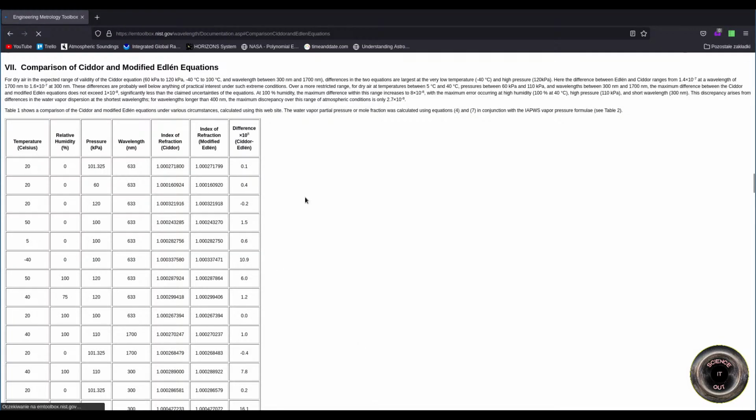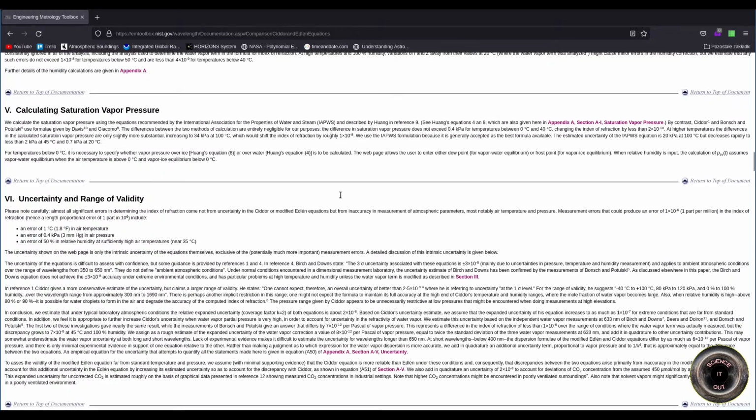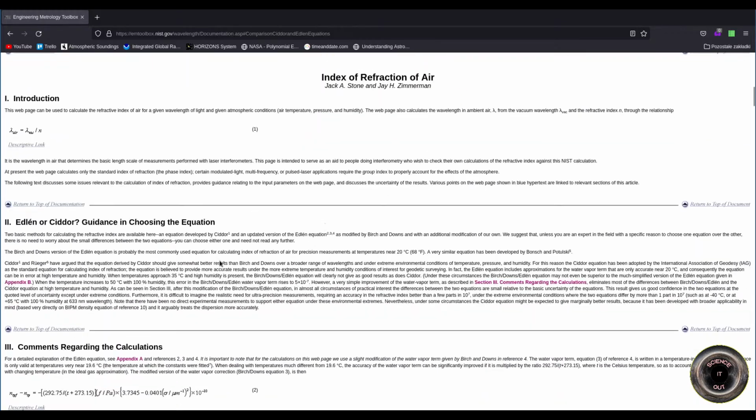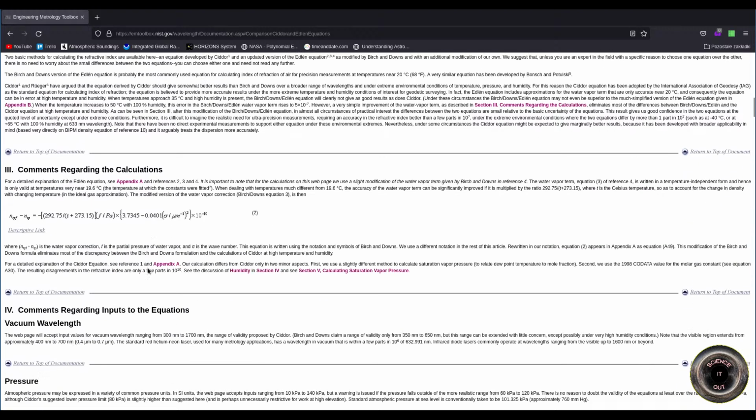There is a nice website which shows two equations that can be used to do that. One is called the modified Edlen equation, and one is called Sidor equation. I actually chose the modified Edlen equation for my simulator.